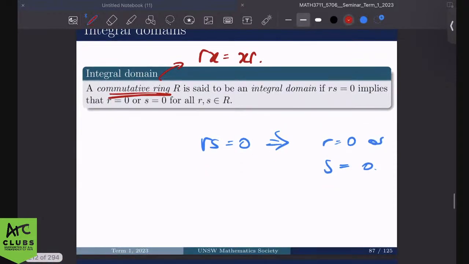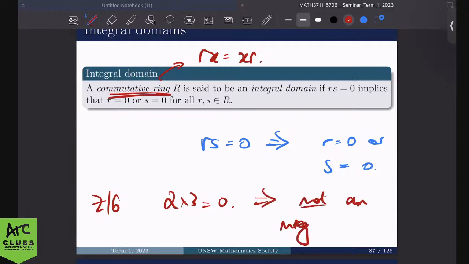So no number goes into 0. So for example, in the ring Z on 6, 2 times 3 equals 0, right? And that actually means that it's not an integral domain, because we have a 0 divisor. Right, sweet.